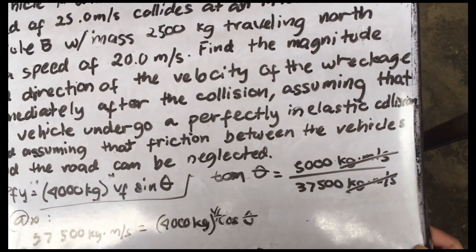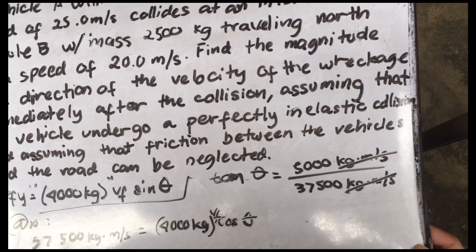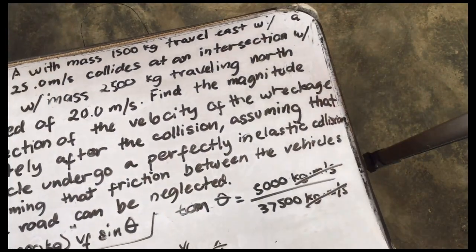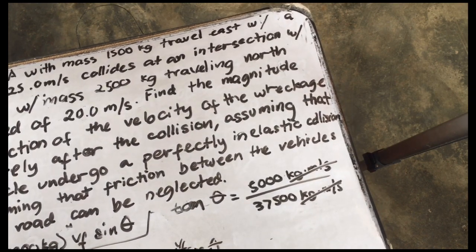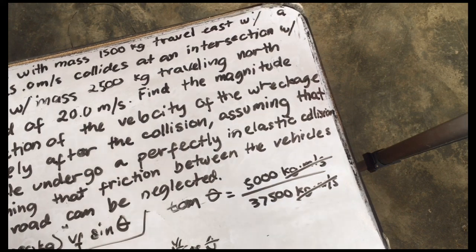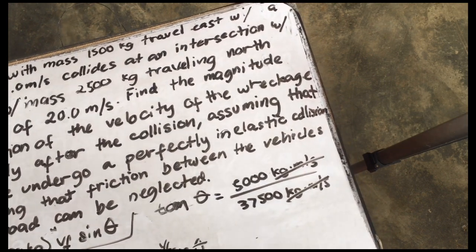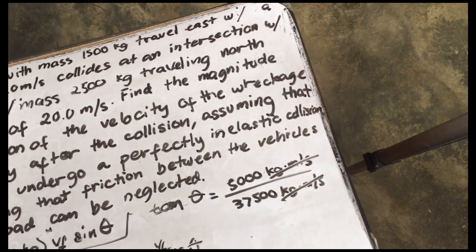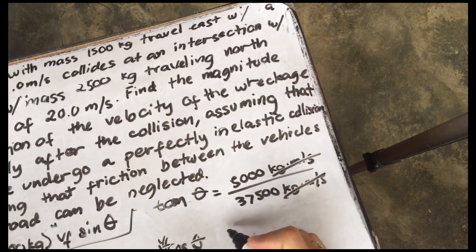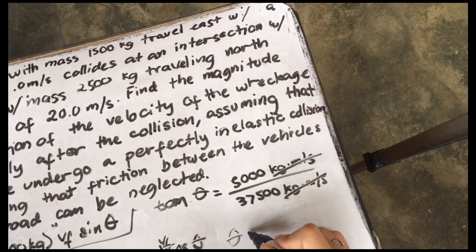So, kukunin na natin ang tangent theta. Yung final velocity. So, 50,000 kilogram times meters per second over 37,500 kilogram times meters per second. So, cancel na yung unit natin, pati yung dalawang zero doon.